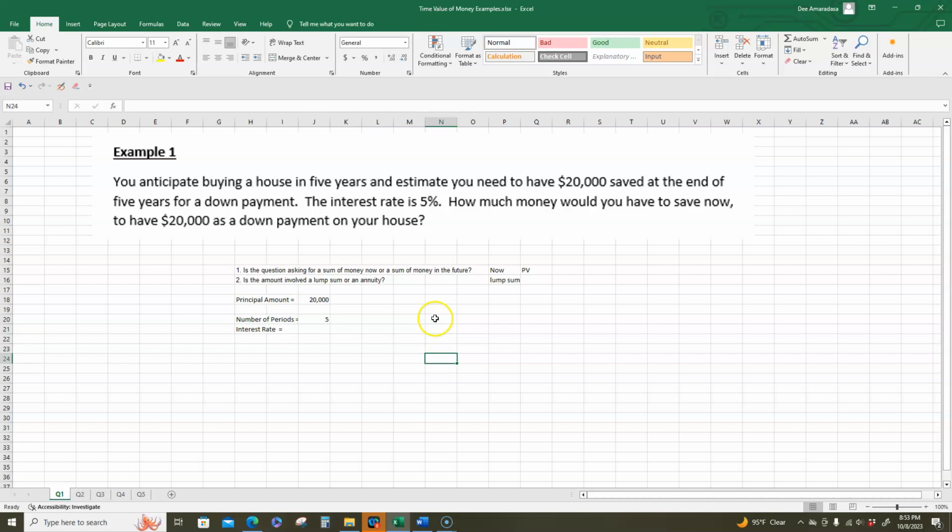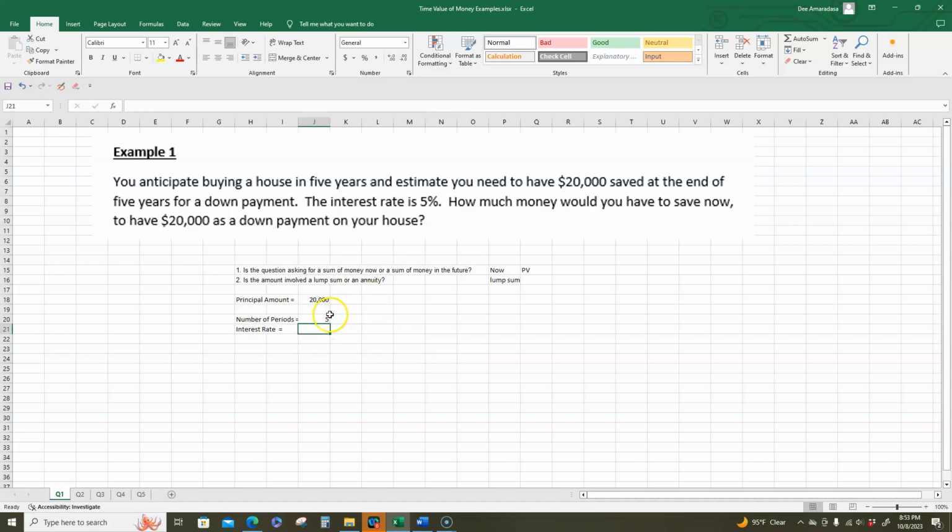But are we getting interest annually, or are we getting interest quarterly, semi-annually? In this example, they don't say, they just say interest rate is 5%. So we assume that is an annual interest rate and that they're compounding interest annually.